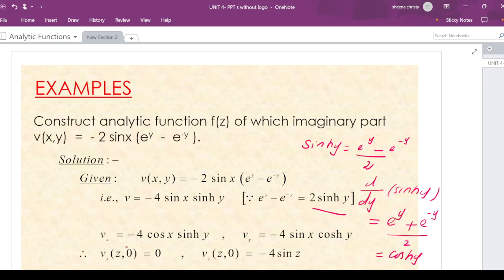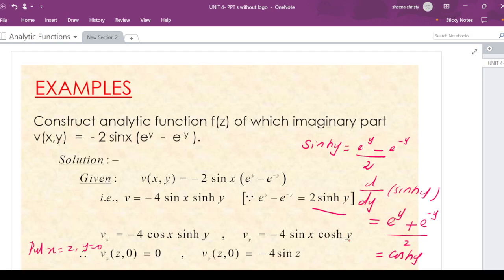Now, according to the Milne Thompson method, you have to put x equal to z and y equal to 0. Wherever x comes, you put z, and wherever y comes, you put 0. We know that sinh 0 is (e^0 minus e^0) divided by 2, that is (1 minus 1) by 2, so this term vanishes.